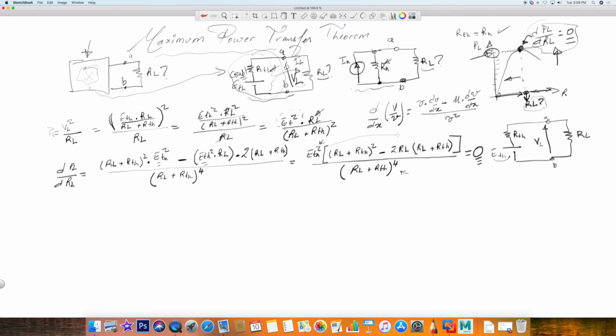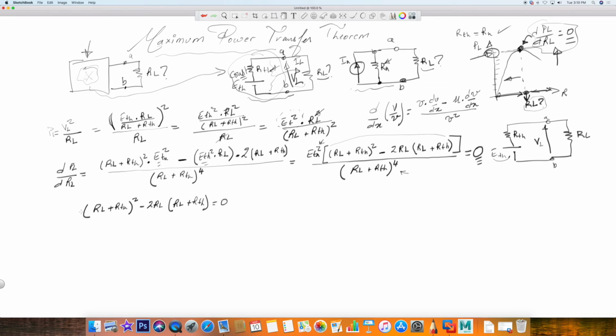We're left with this part that has a good possibility of being 0 for this whole equation to go to 0. That means RL plus RTH squared minus 2RL times RL plus RTH will be equal to 0.